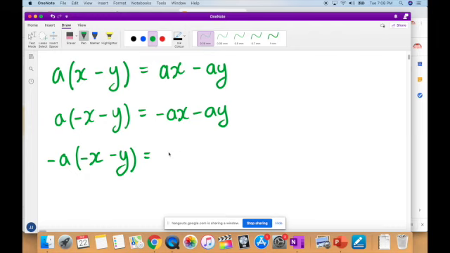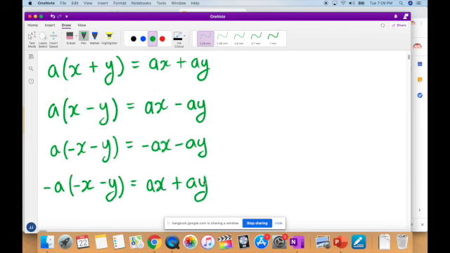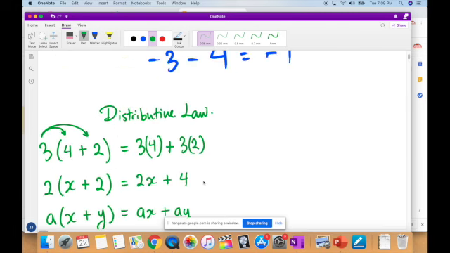Caitlin, what do you think? Ax plus y. Very good. Ax, because negative a times negative x is positive ax, and a negative a times negative y is positive ay. Nice. And this is the distributive law, right?